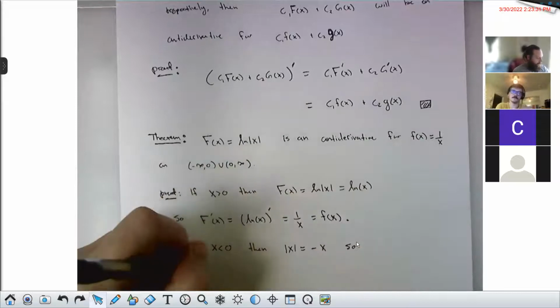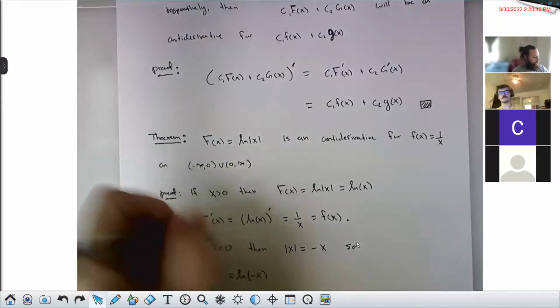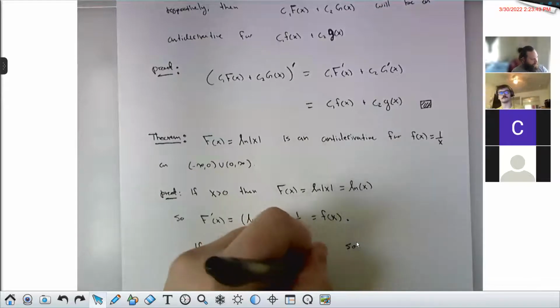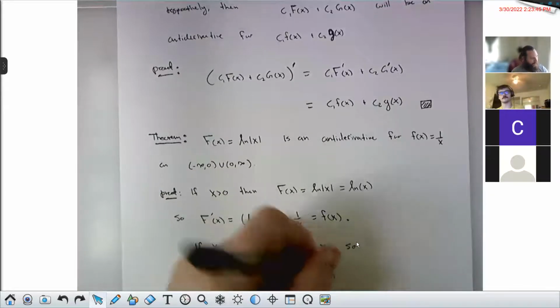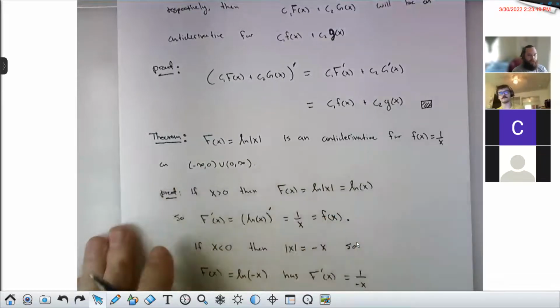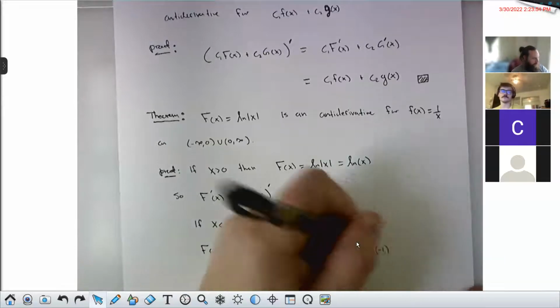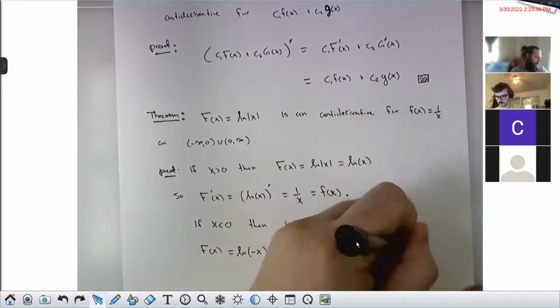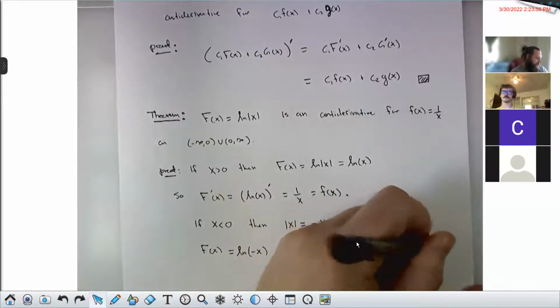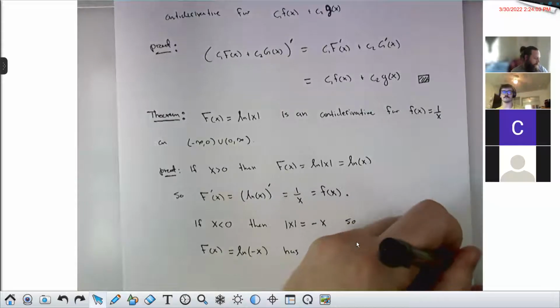So big F would be the natural log of negative x, which has derivative big F primed, by the chain rule, 1 over negative x times the derivative of negative x, which is -1. So those negatives cancel, and again we get 1 over x, which is just little f.